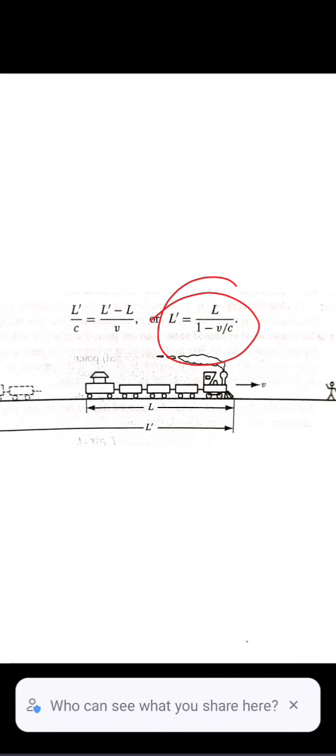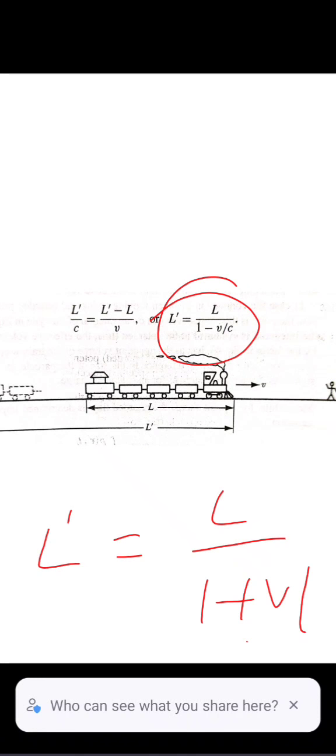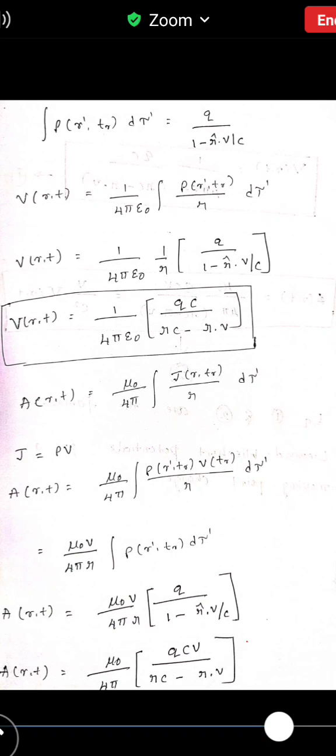When the train leaves from the observer, we have the relation L dash equals L divided by 1 plus v by c, so the length of the leaving train appears shorter than the actual train. For the approaching train, the apparent length is more than the actual length of the train. Next, we move on.